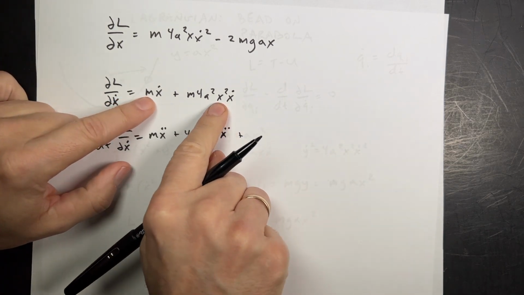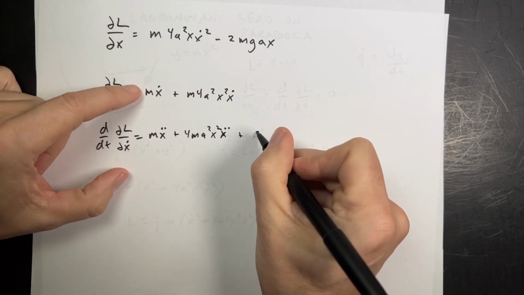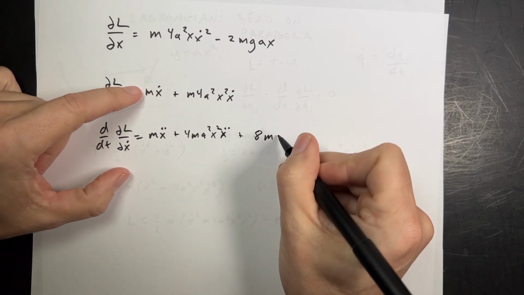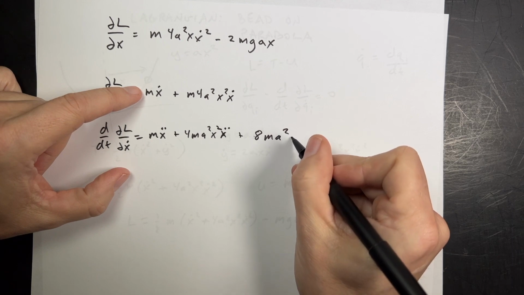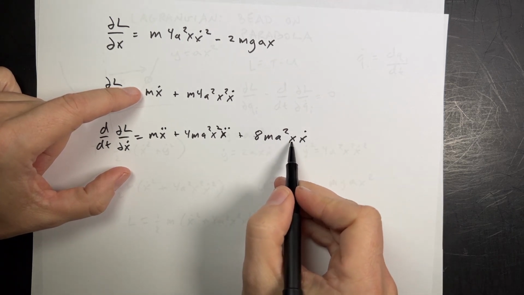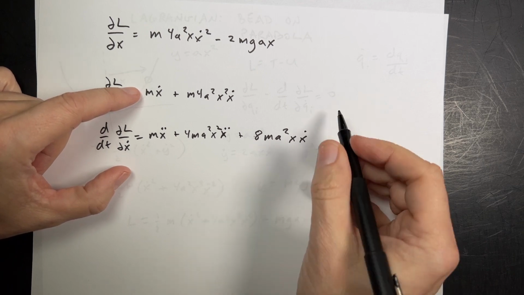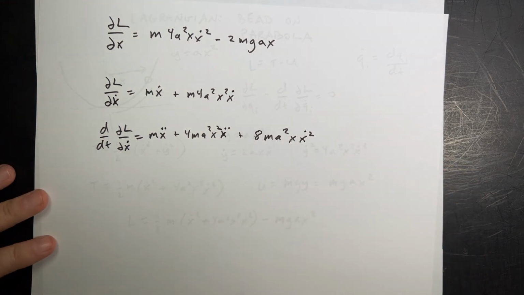If I take the derivative of x squared, I get a 2. So I'm going to get plus 8m a squared x dot. But then I have to take the derivative of x with respect to time. I have to use the chain rule, and that's going to be x dot. So I have 2 x dots, so it's going to be x dot squared.